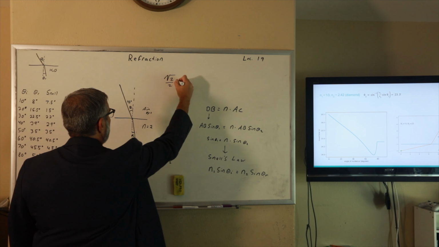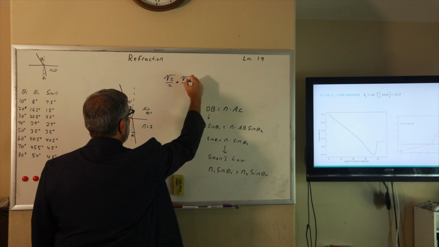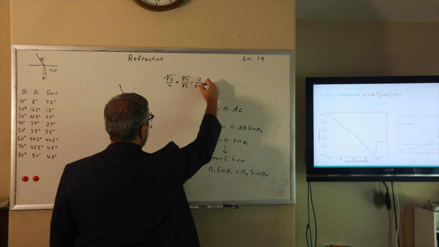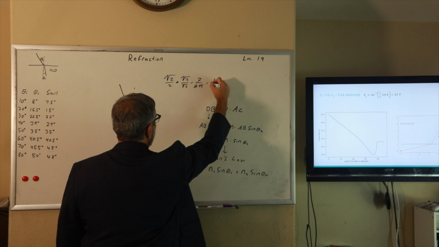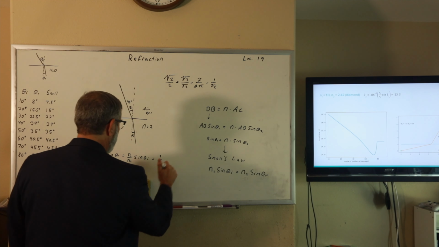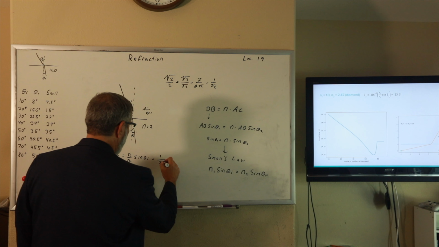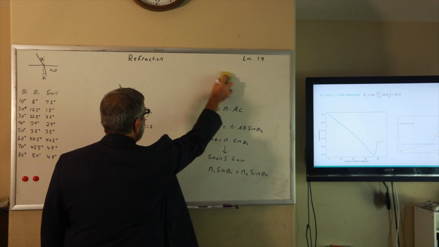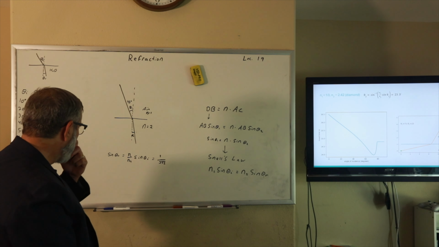Square root of 2 over 2 times the square root of 2 over the square root of 2 is equal to square root of 2 times square root of 2 is 2, over 2 times the square root of 2. The 2 is canceled, and I'm left with 1 over the square root of 2. So I can write this as 1 over 2 times the square root of 2 because I have that 1 over 2 factor there, so that's what this is equal to.